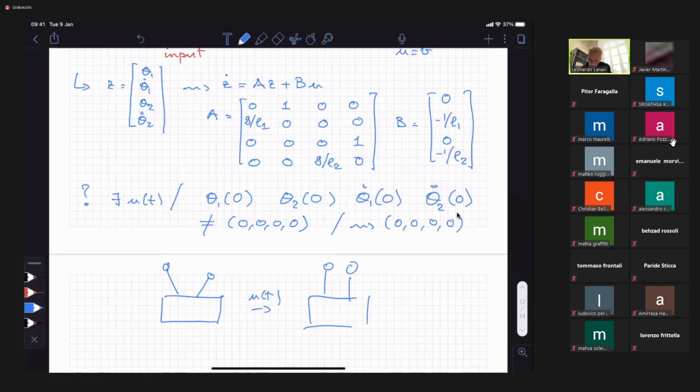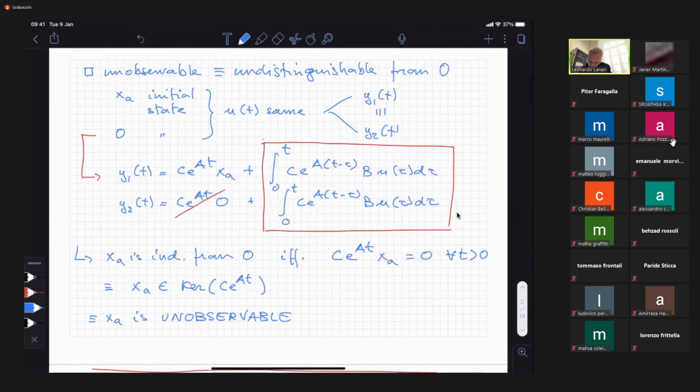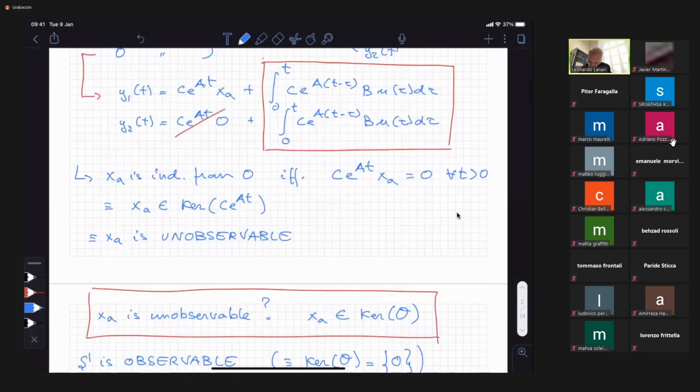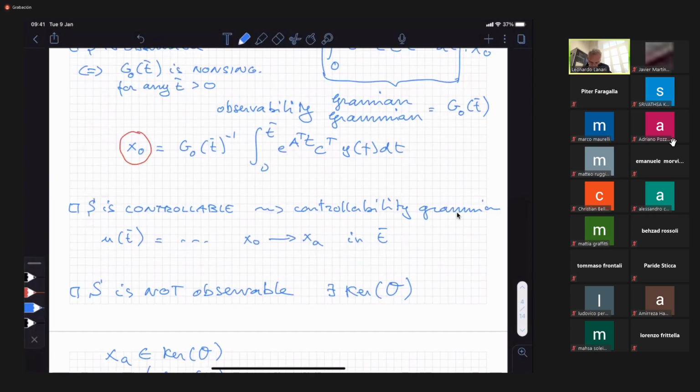So if you remember what we saw previously, when we talked about the controllability Gramian just for a few seconds, we said the controllability Gramian allows us to compute the input which would bring the system from any initial state to any other state.